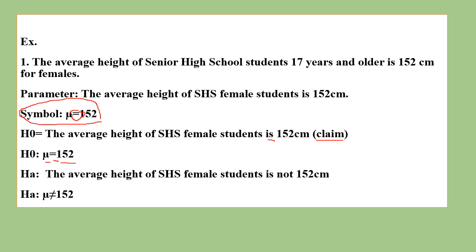Now, the opposite of the null hypothesis is the alternative hypothesis. If the null has is, the alternative hypothesis becomes is not. So, from the word average, the parameter is mu. Since it's not, it is the not equal sign. And its amount is 152.